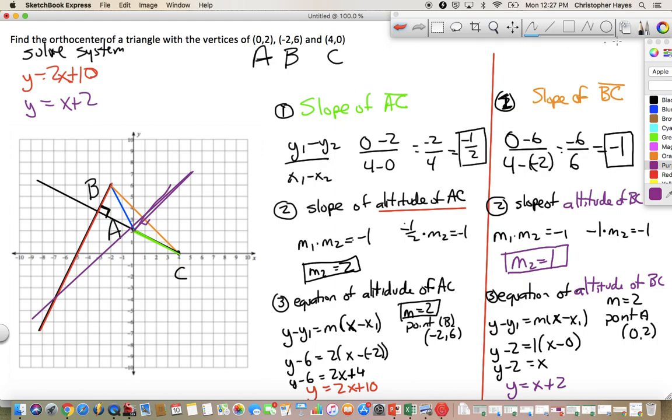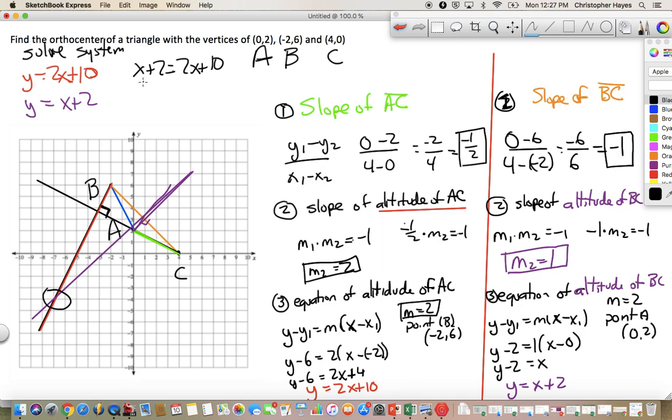Right here is going to be our solution. We've got to find out what that is. And so to do that, if y equals 2x plus 10 and y equals x plus 2, they're both the same y, so they must be equal to each other. So I know that x plus 2 equals 2x plus 10.